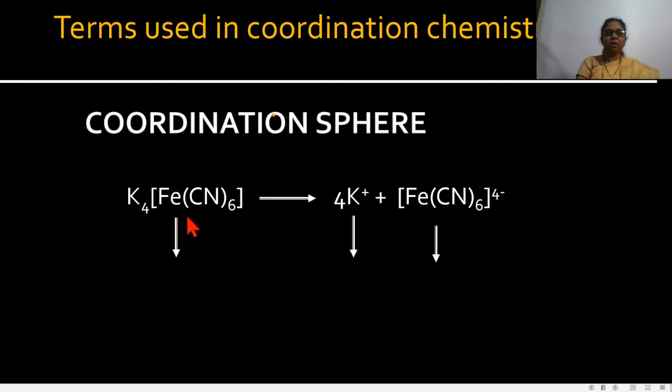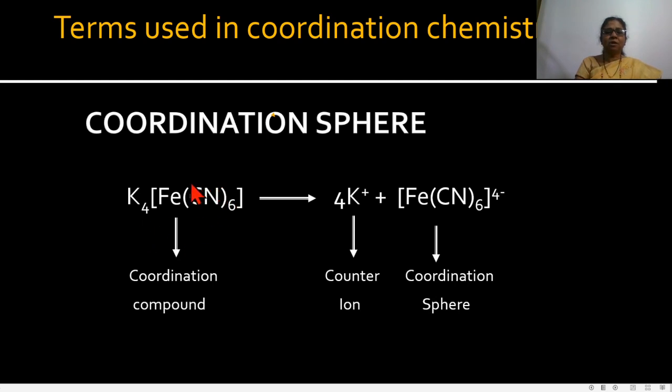In this coordination compound, Fe is the central metal ion and CN, cyanides, are the ligands. What is the coordination sphere? The central metal ion and ligands enclosed in the square bracket are called the coordination sphere.